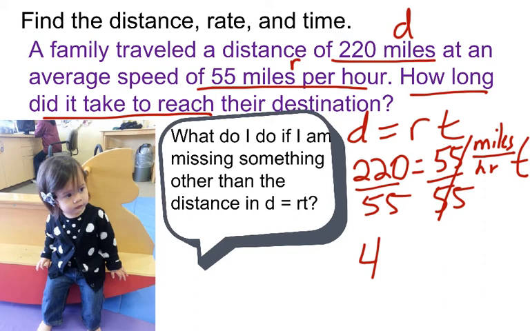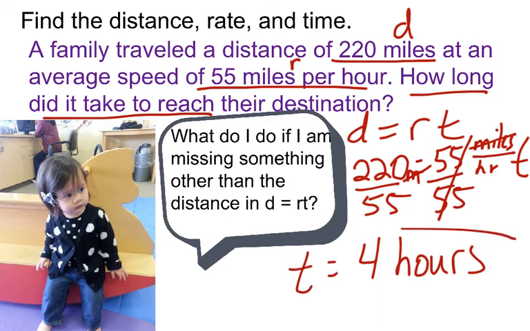So here we have 4. Well, 4 what? How long did it take to reach their destination? Well, I had miles cross cancel with miles, so that would be 4 hours. So my time is 4 hours.